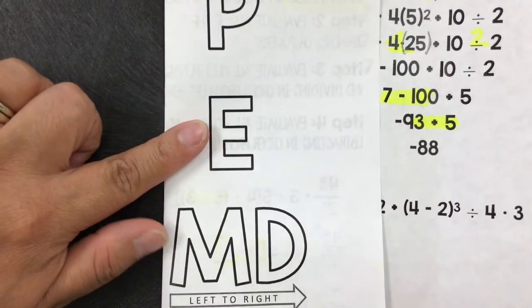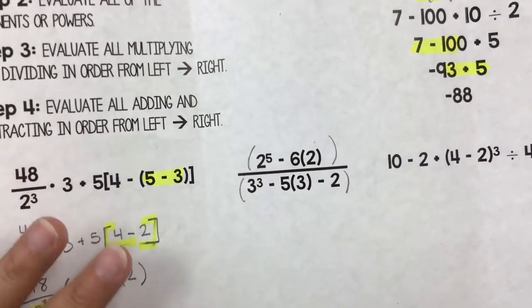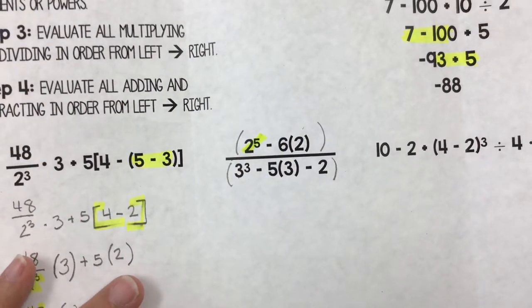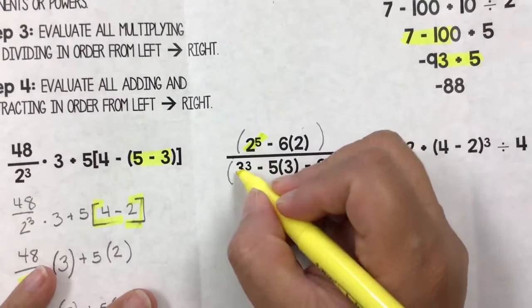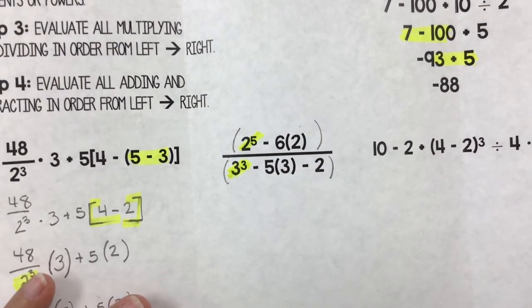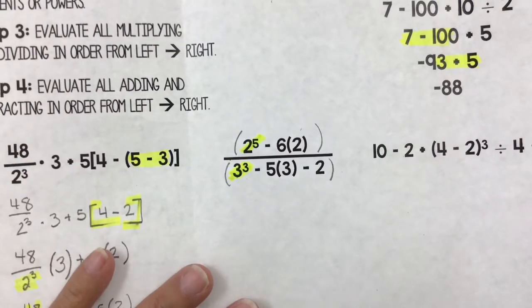So we're going to move to exponents, making this the one we have to do first. We can actually do this at the same time because we have a different group for the numerator and a different group for the denominator.